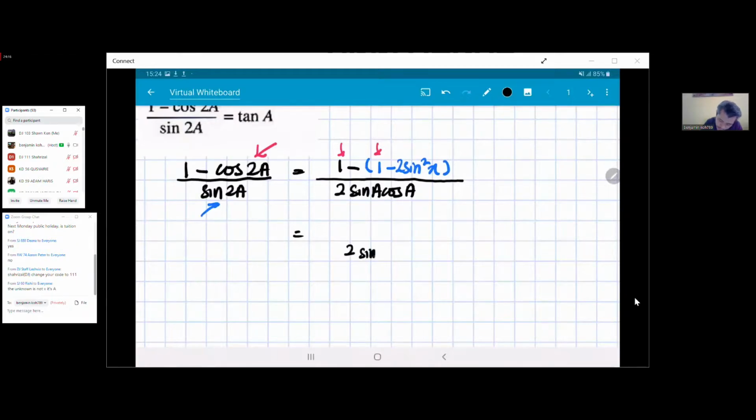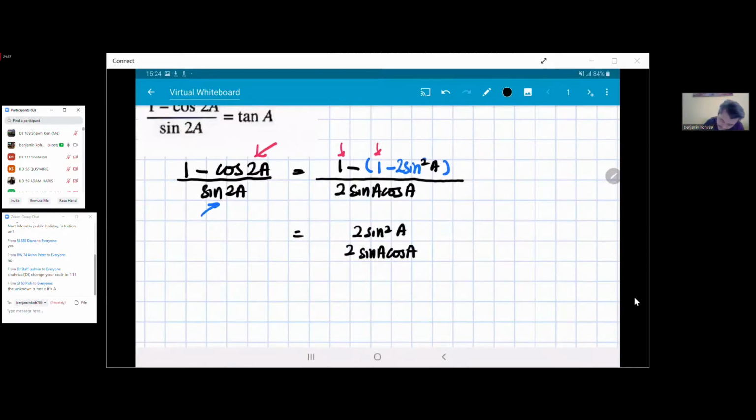It is still 2 sine A cos A. On top now, 1 minus 1 becomes 0, and negative becomes positive. So 2 sine square A, because 1 minus 1 becomes 0.